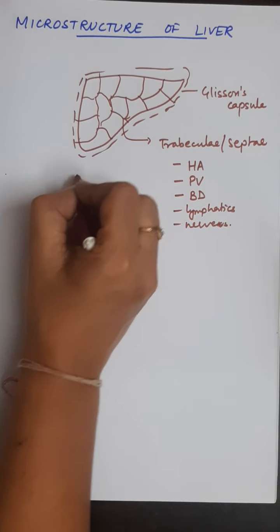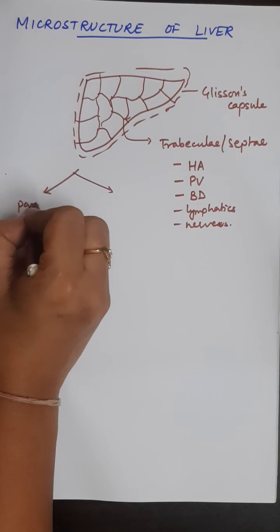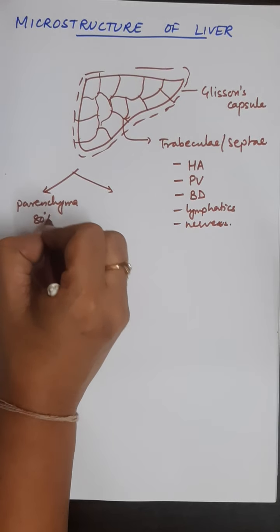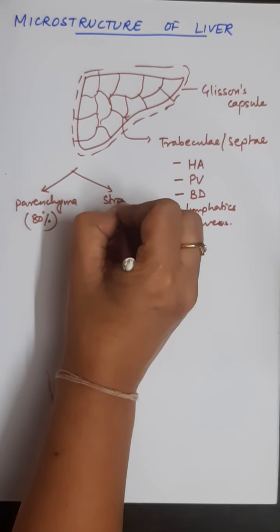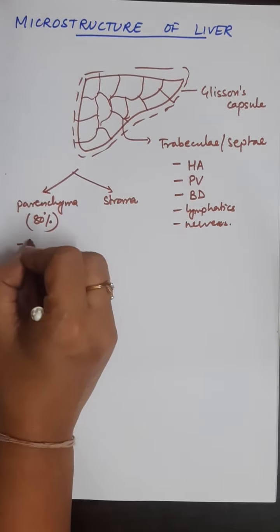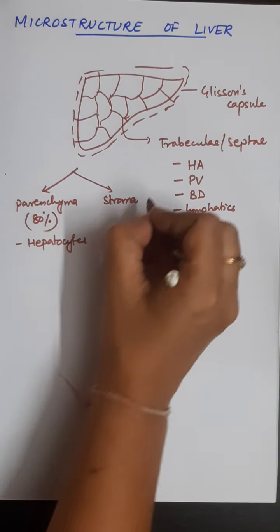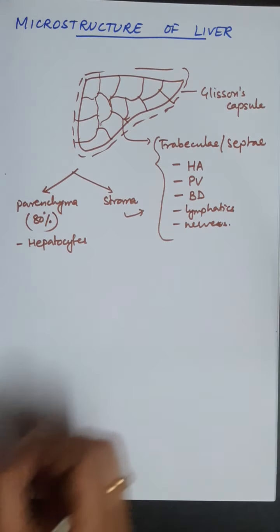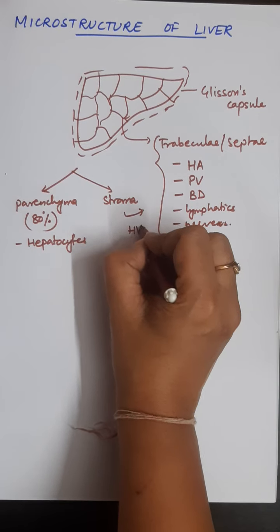So inside of the liver is made up of parenchyma, which forms the 80% of the structure of the liver, and rest is stroma. Parenchyma are the hepatocytes and stroma is the trabeculae containing all these structures and also the tributaries of the hepatic vein.